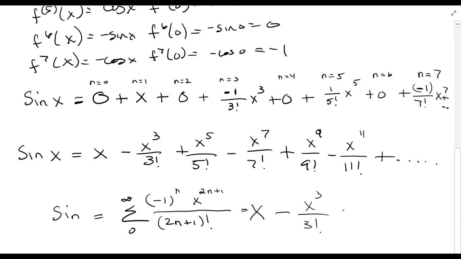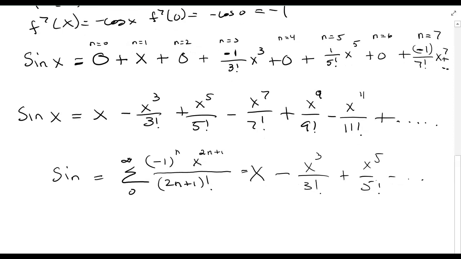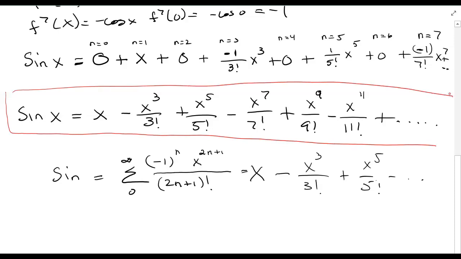See, it works. Just to show you, you don't necessarily have to do that, but it does work. All right. So this is important. You'll pretty much need to memorize this if you need the sine of x expansion.